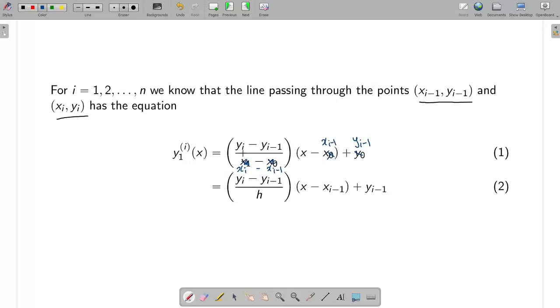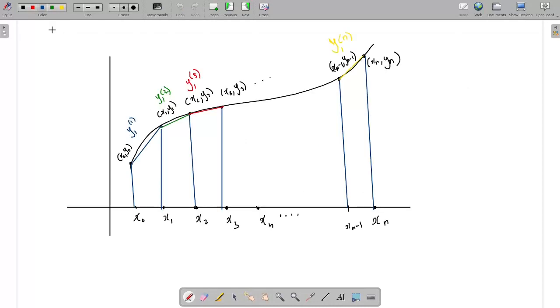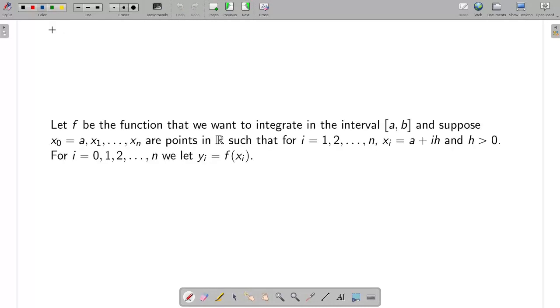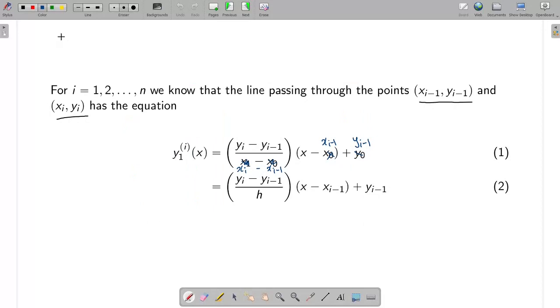So here this would be equal to yi minus 1. And what is this xi minus 1? We are given that xi is a plus ih. So for every i, xi minus 1 would be a plus i minus 1 times h.